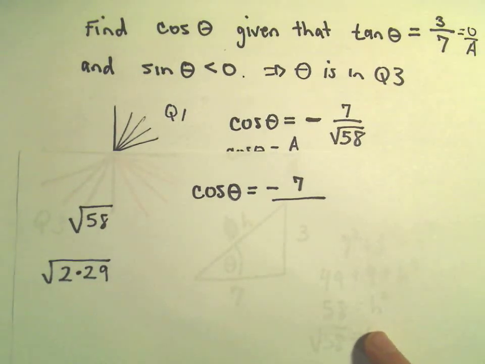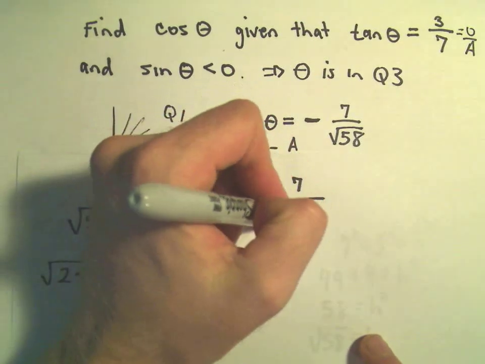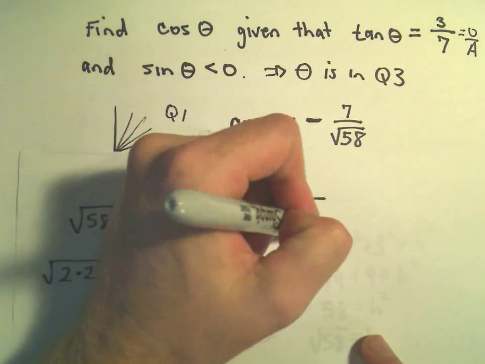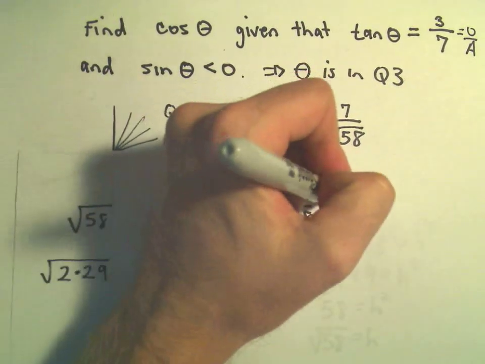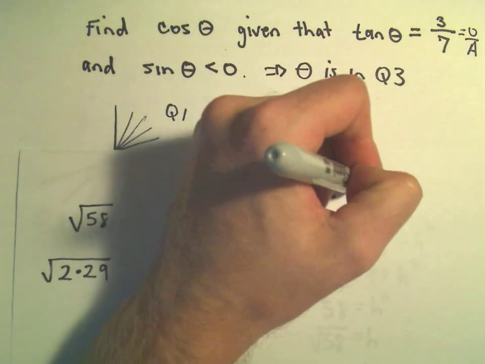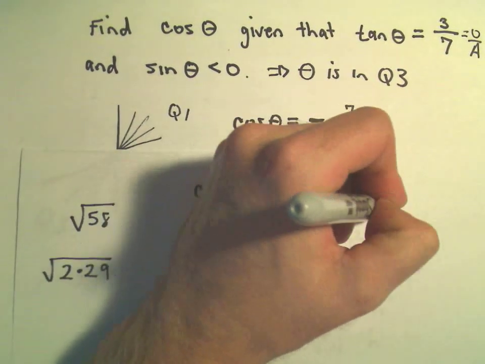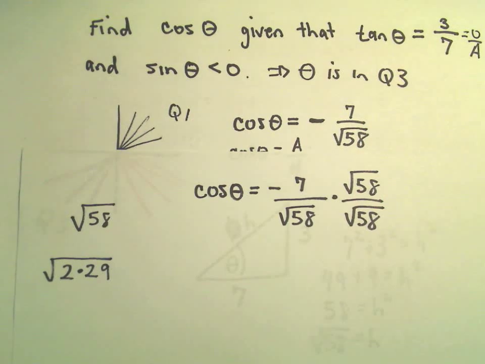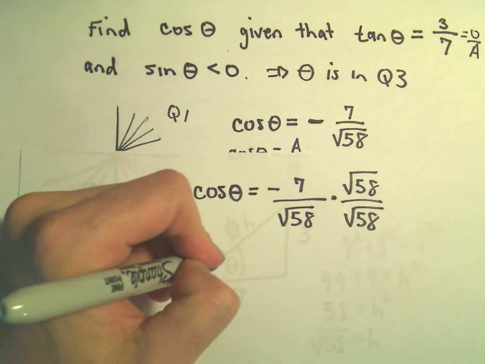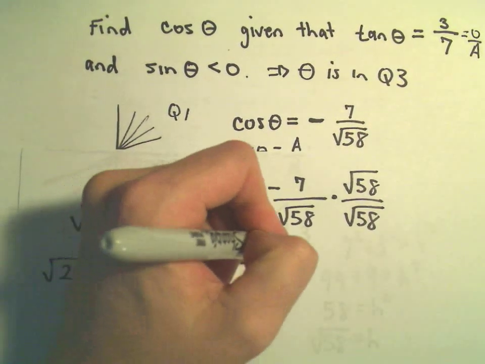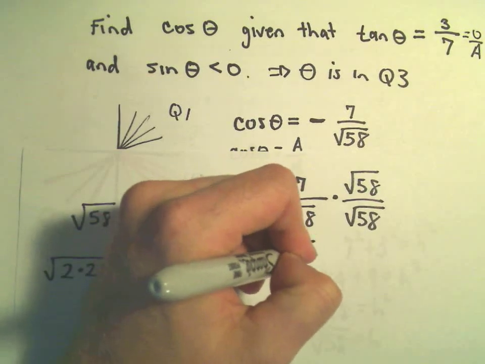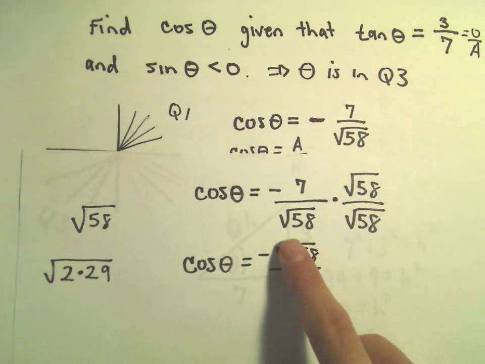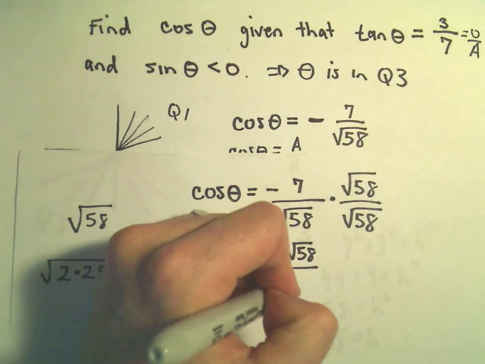We can't take the square root of either of those, so we really can't simplify the square root of 58 much at all. But to rationalize, we can multiply the numerator and the denominator by the square root of 58, and that would give us our final answer of cosine theta equals negative 7 square roots of 58 over, in the denominator, just 58.